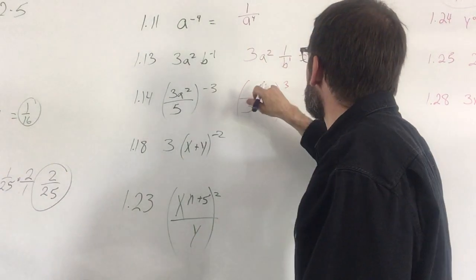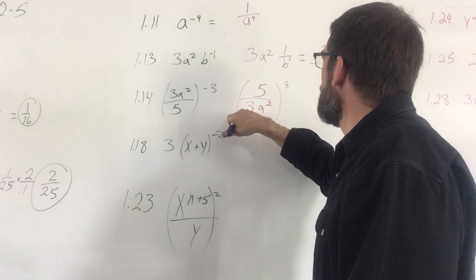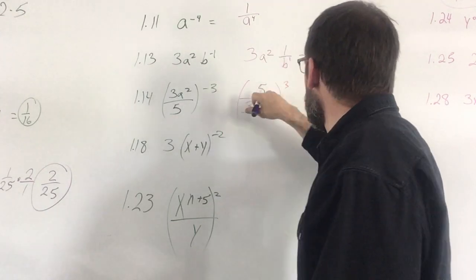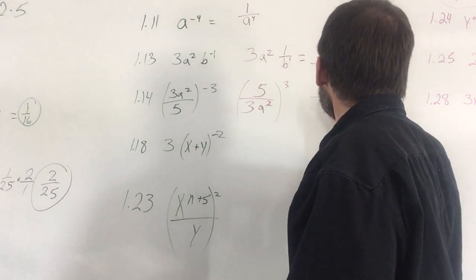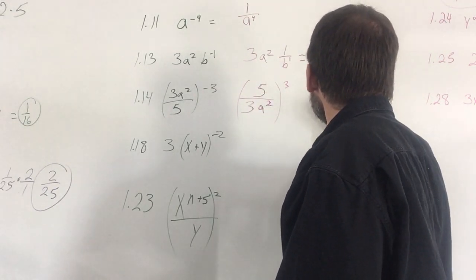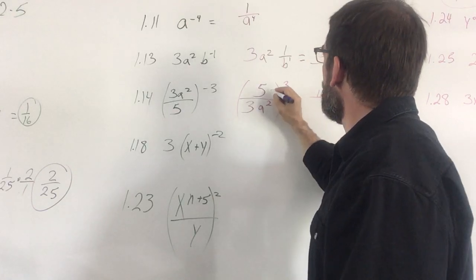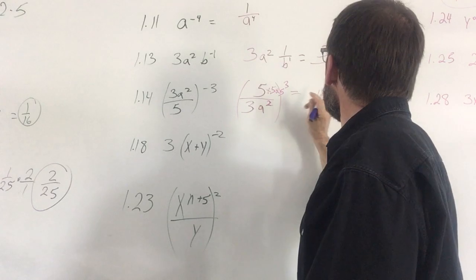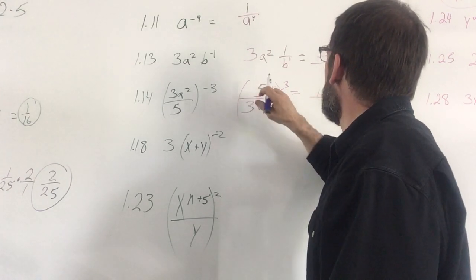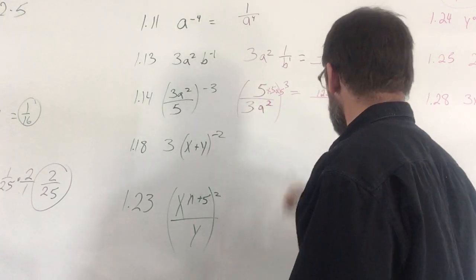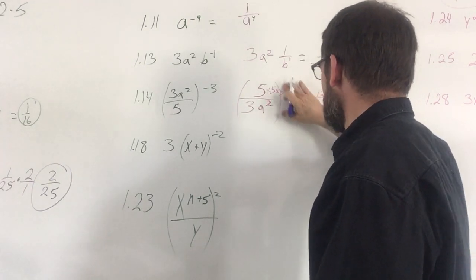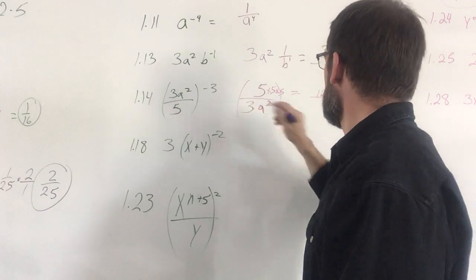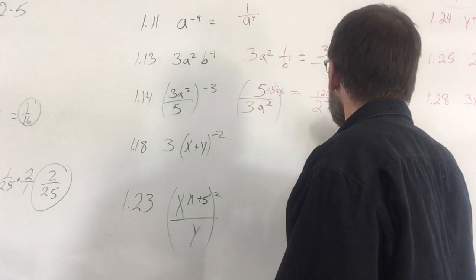And so I have to square this number and square this number. 5 times 5 is 25, times 5 is 125. 5 times 5 times 5 equals 125. And I can take this 3 completely away now. And then 3 times 3 is 9, times 3 is 27.